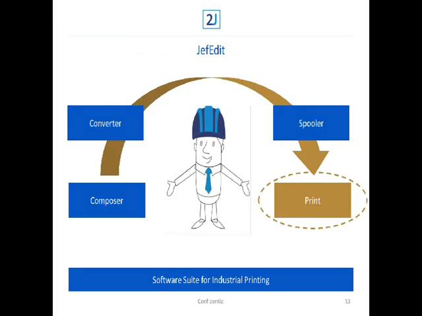The print module. Let's continue with the printing module named JefEdit Print. Once the composition or application has been created with JefEdit Comp, we have to apply it to a data file in order to generate a data flow to the printer. This module allows that by making print jobs.